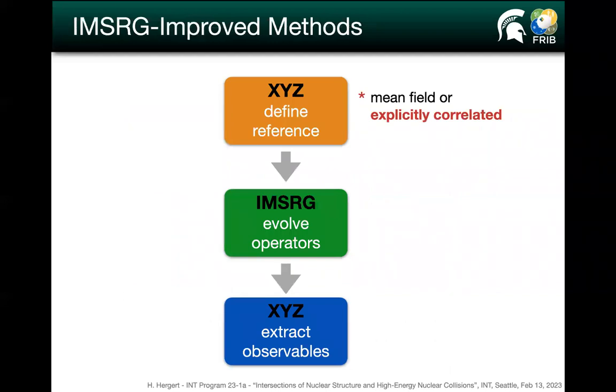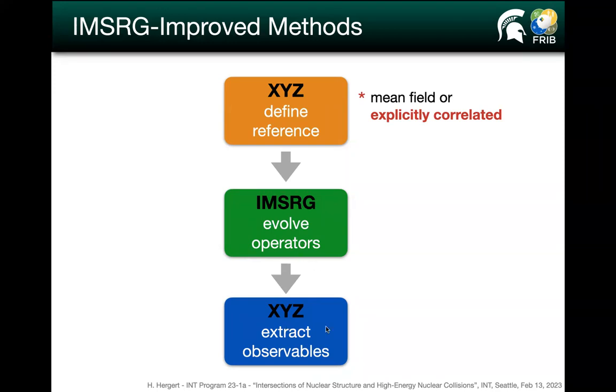So if we adopt that idea, then we can actually set up a host of IMSRG-improved many-body methods, where we use a particular scheme to define a reference state, and that can be either a mean field or explicitly correlated. Then we perform an IMSRG evolution to construct RG-improved operators.